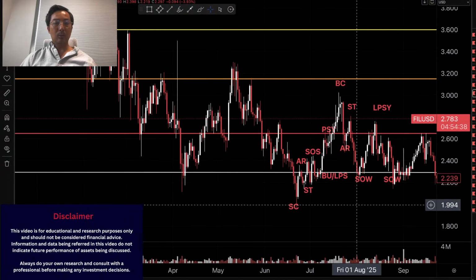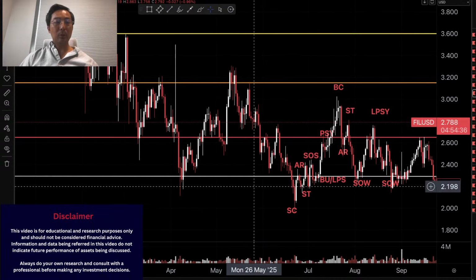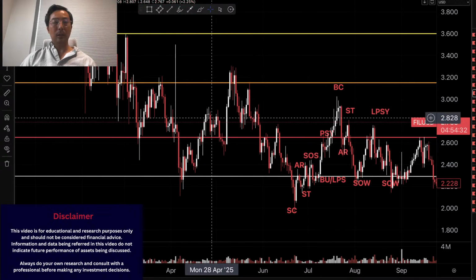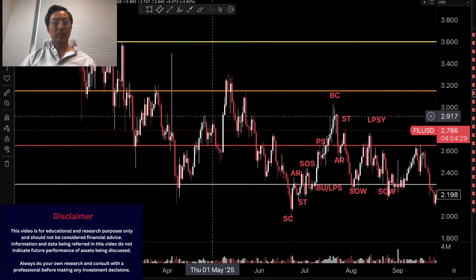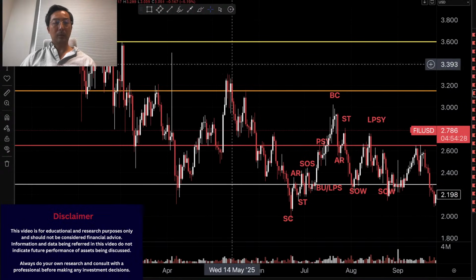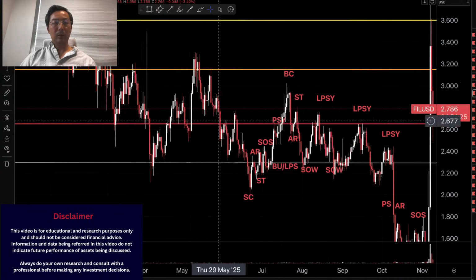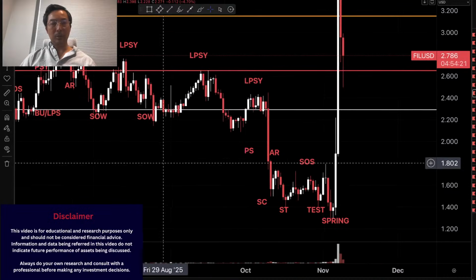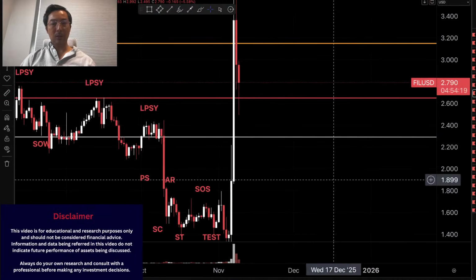Okay, so there was another distribution. If you like to, you can put in the tag. That's basically accumulation, and then it went up to the climax over here. So I'm not going to put time into that for now, because the focus is on the future, not in the past.